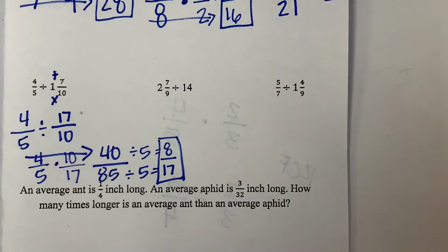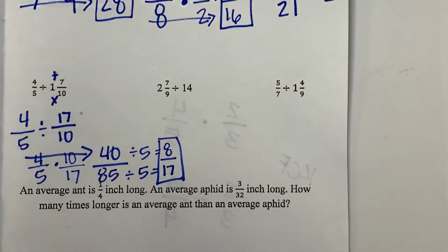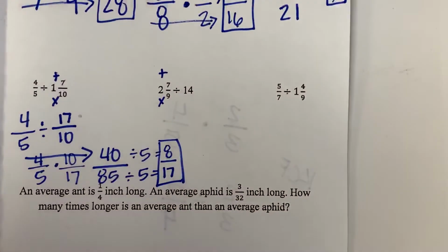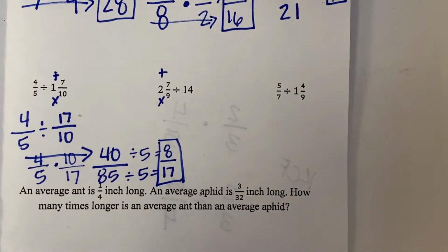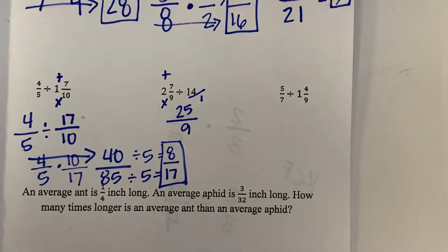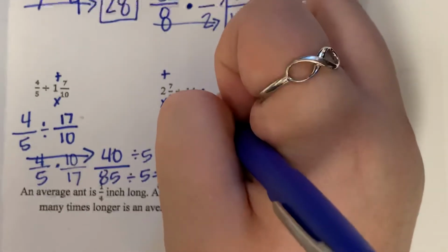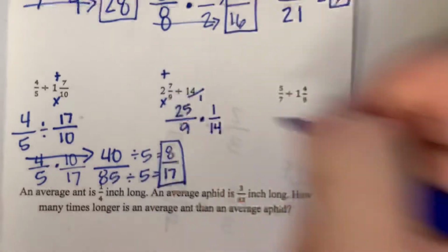Okay, the next one, 2 7/9. We're going to do Texas on it. 9 times 2 is 18. 18 plus 7 is going to give us 25. And that's over 9. So then we can change divide to multiply, and flip 14/1 becomes 1/14.